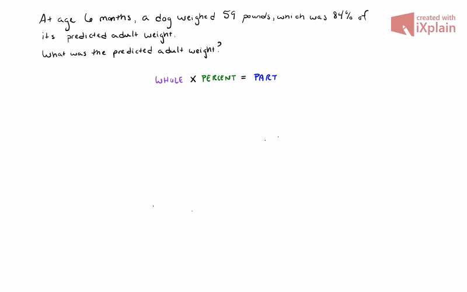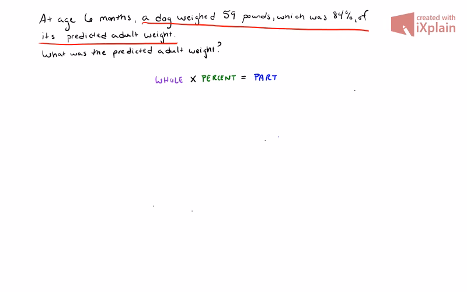At age 6 months, a dog weighed 59 pounds, which was 84% of its predicted adult weight. So what I want you to note here is that this sentence seems to be the most important. A dog weighed 59 pounds, which was 84% of its predicted adult weight.